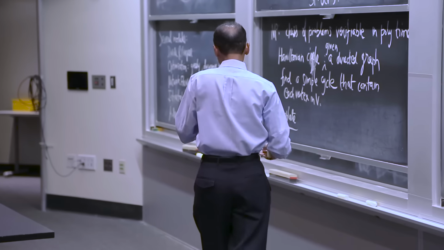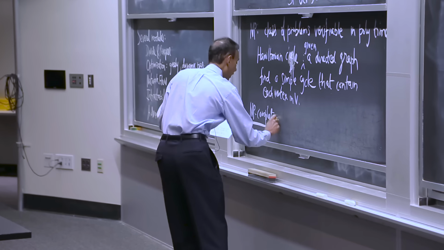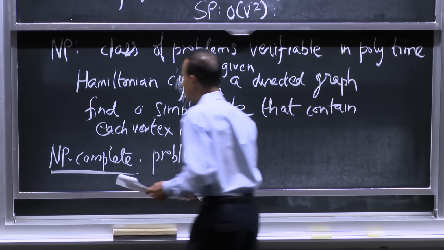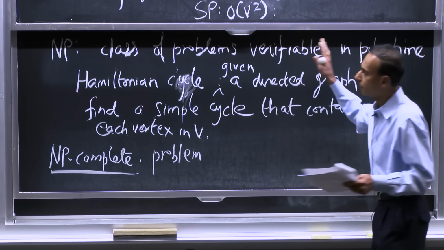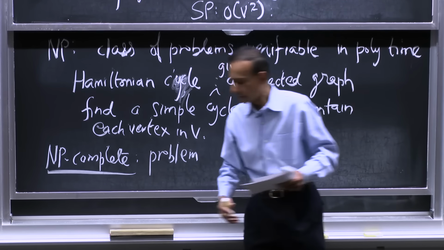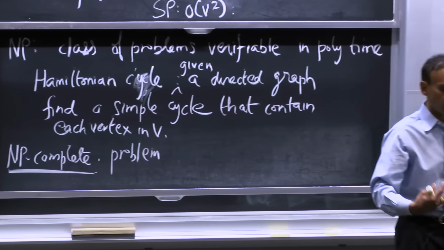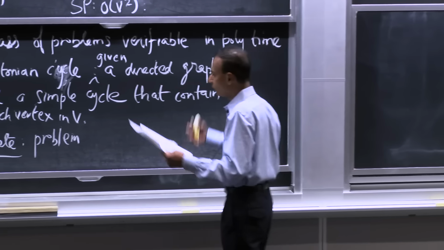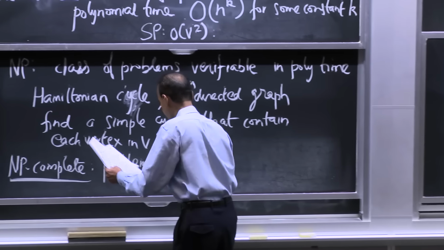If you can solve any NP-complete problem in polynomial time, you can solve all problems in NP in polynomial time. So that's what I meant by saying that NP-complete problems are, in some sense, the hardest problems in NP, because solving one of them gives you everything.